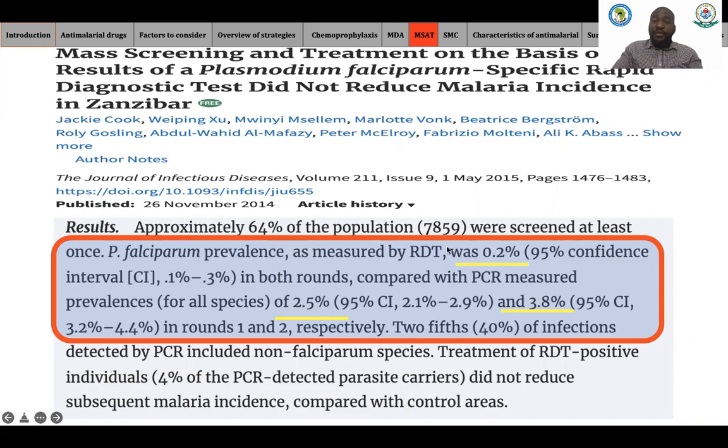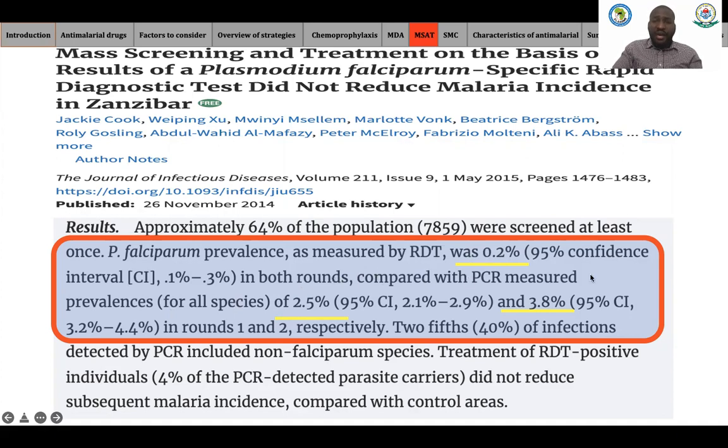And my reason for bringing these studies here is to show the difference, how you could miss people in mass screening and treatment because of the limitations of the diagnostic tools. So rapid diagnostic tests were able to detect only 0.2% when they did 2 rounds of mass drug administration.